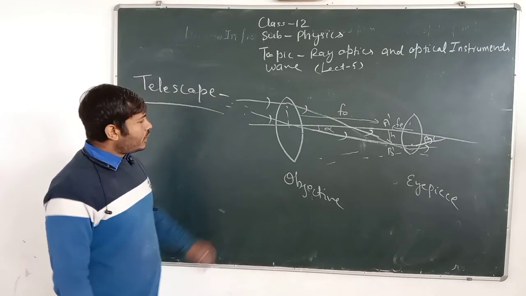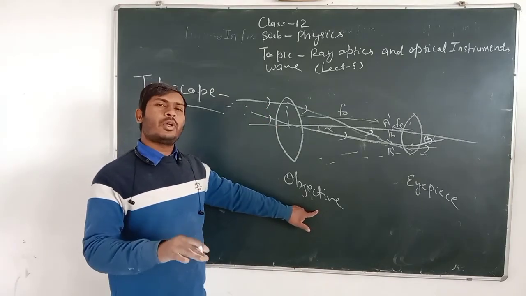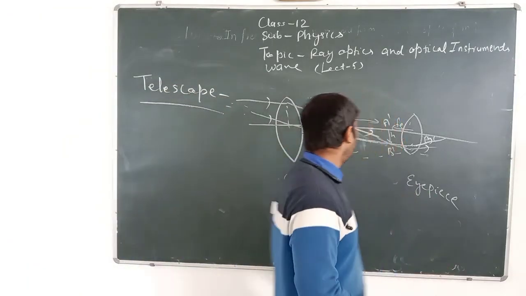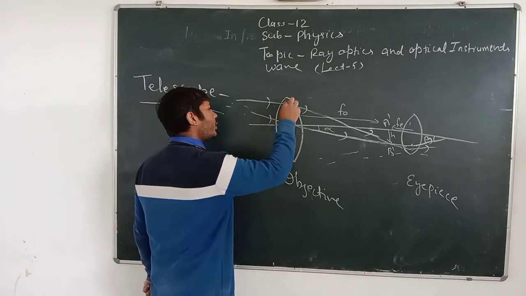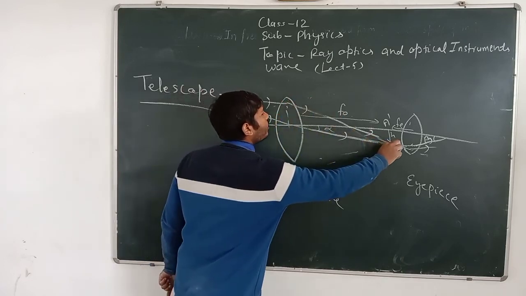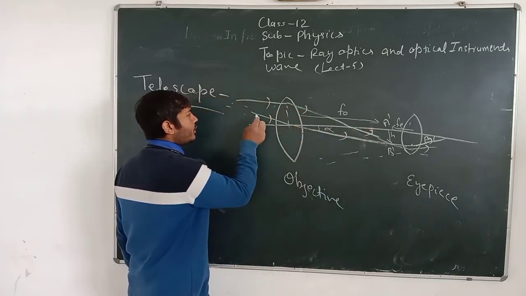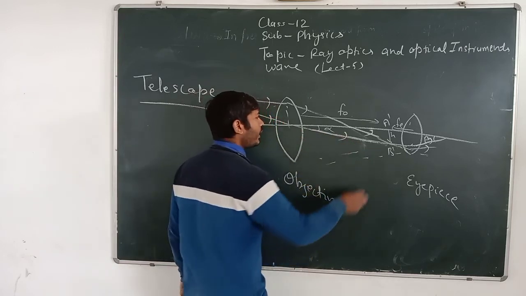Is it clear? This scope also consists of two convex lenses. This lens is known as the objective, which is in front of the object, and this is the eyepiece. This ray of light is coming, which after refraction passes through this way, and this is the ray which is passing through the optical center. Both the rays are intersecting here.